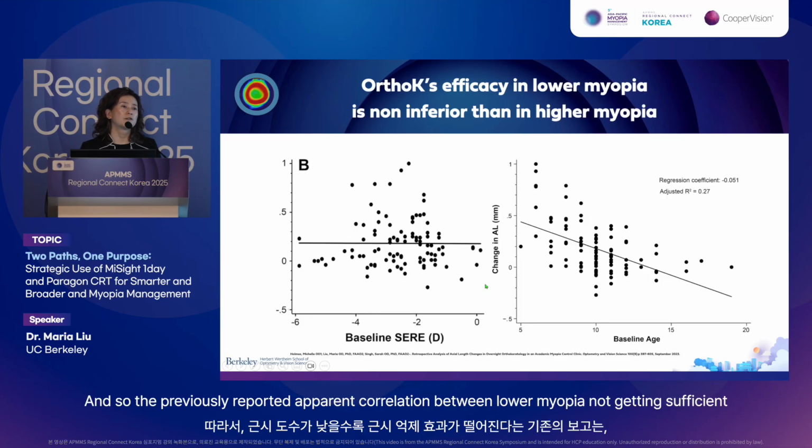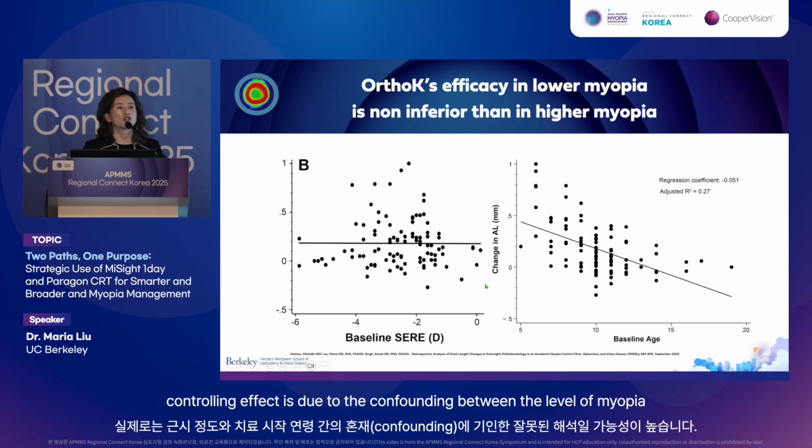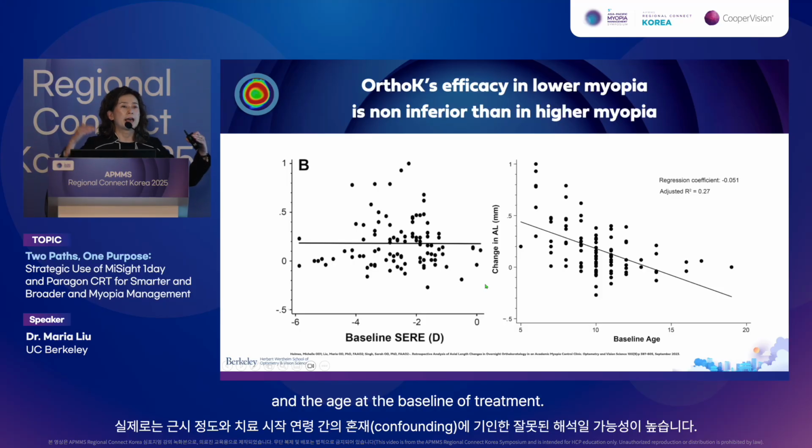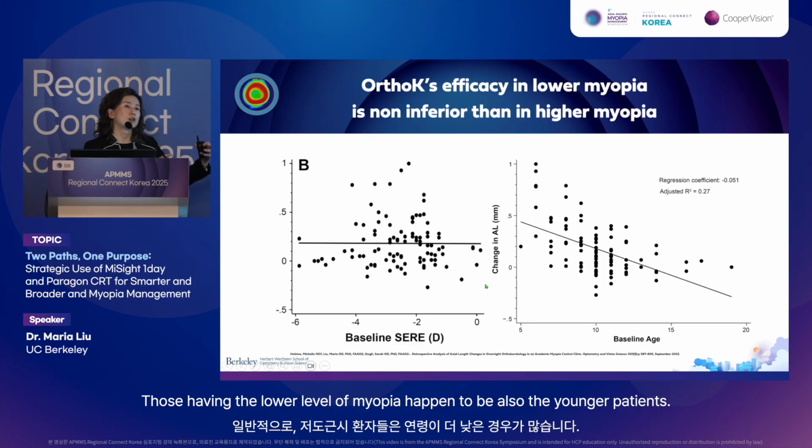And so the previously reported apparent correlation between lower myopia not getting sufficient controlling effect is due to the confounding between the level of myopia and the age at the baseline of treatment. Those having the lower level of myopia happen to be also the younger patients.